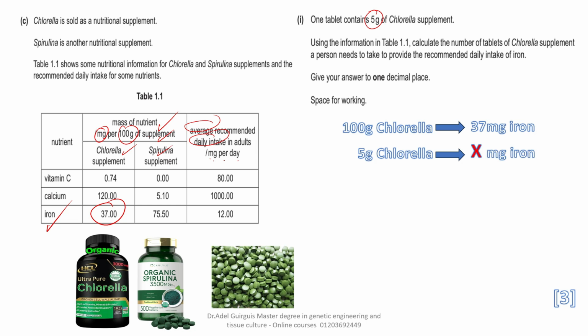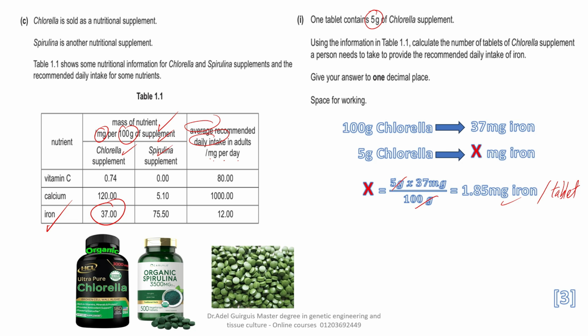So what about x? By cross multiplication, x equals 5 gram times 37 milligram divided by 100 gram. Cancel gram with gram. The remaining result equals 1.85 milligram iron. This is for each tablet, for one tablet. Okay, what about the daily?